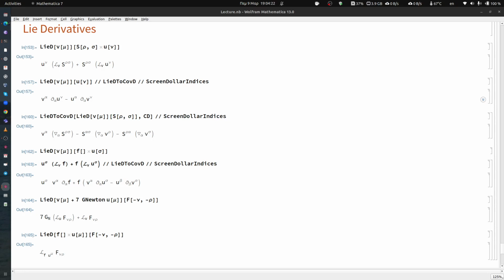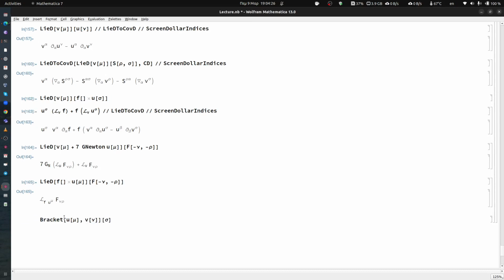So if you want to compute the Lie bracket of two vector fields, you have to use the function bracket. Then the first bracket here has the two vector fields that are, well, bracketed. And here you have to put an index that will be used for the resulting vector field.